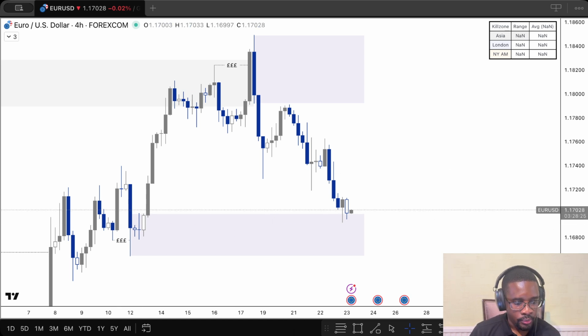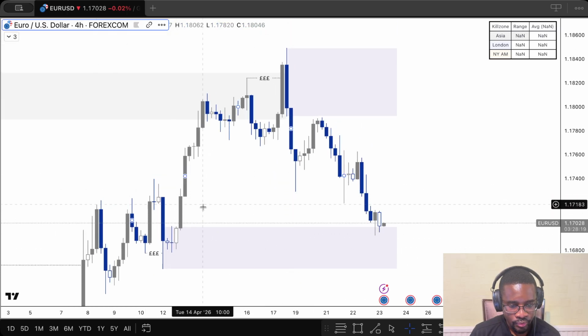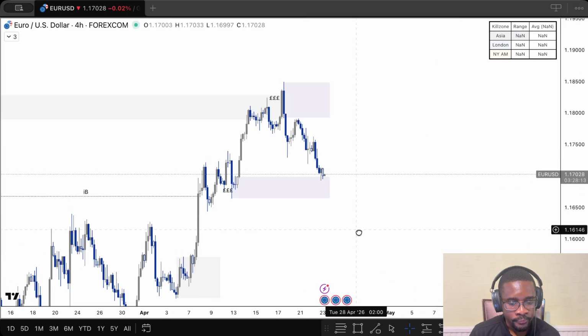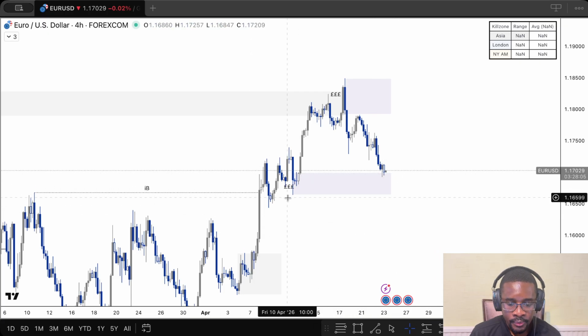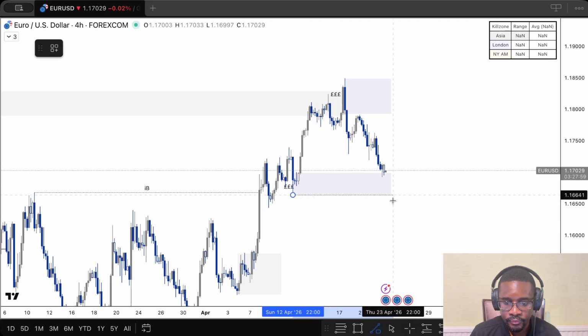So this took liquidity on the 4-hour. Let's see what else. For now, I think those are all the details we need. Price is coming into that POI, so it could give a reaction, or it could just fall through and sweep these lows.